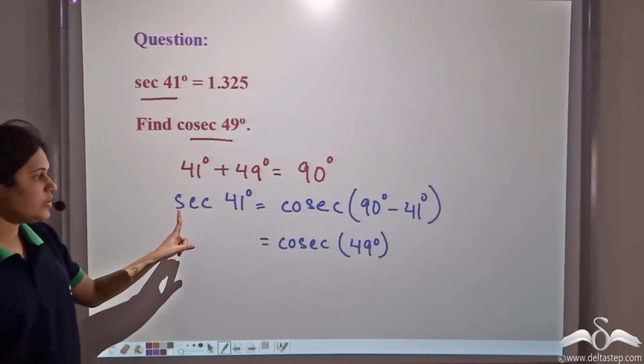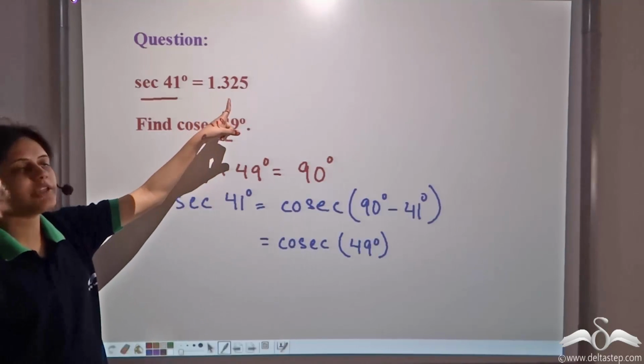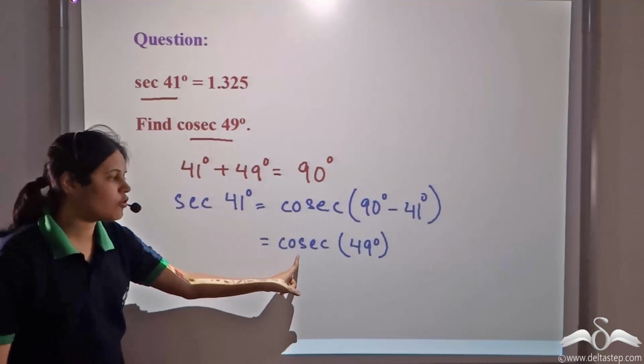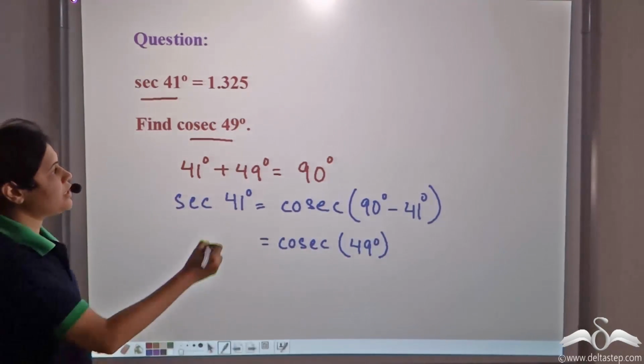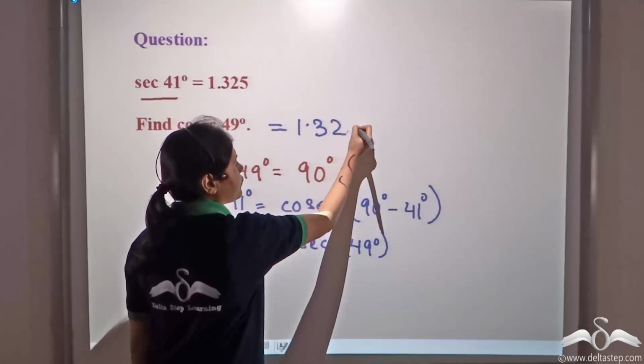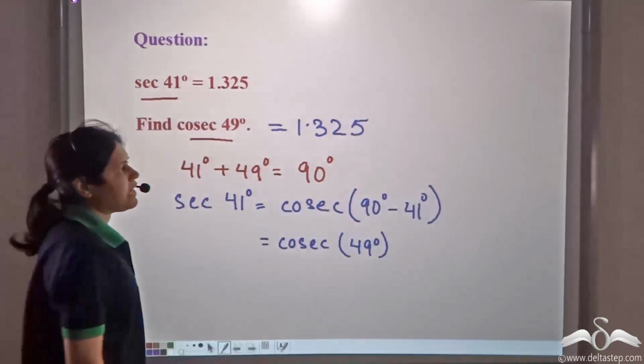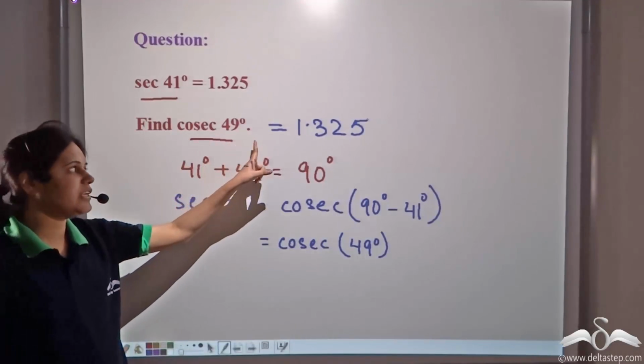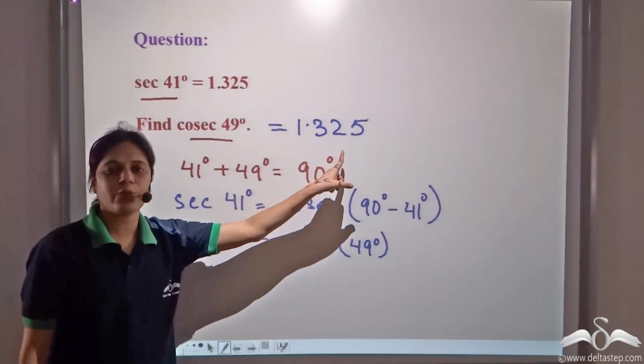Now we already know that sec 41 degree is 1.325. Therefore, cosec 49 degree is also equal to 1.325.